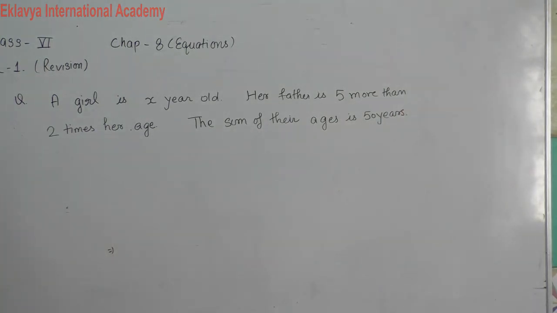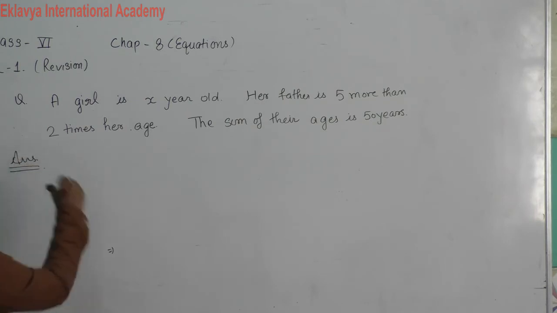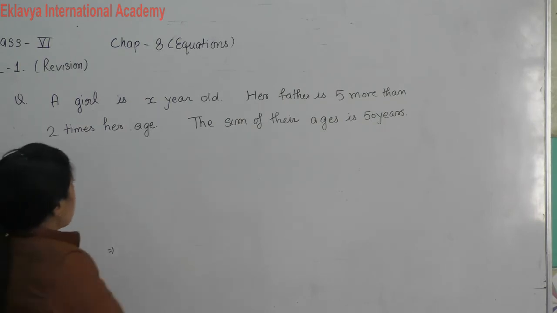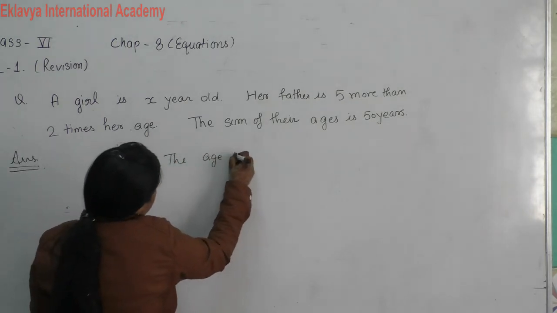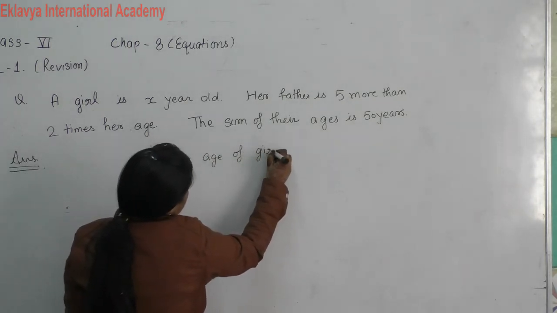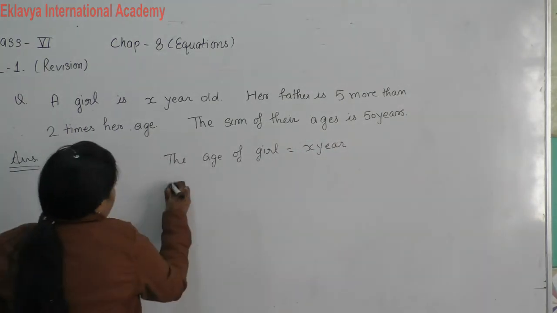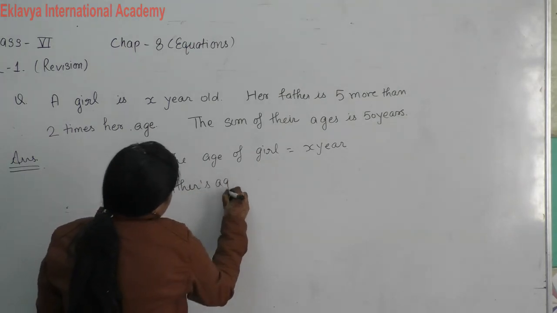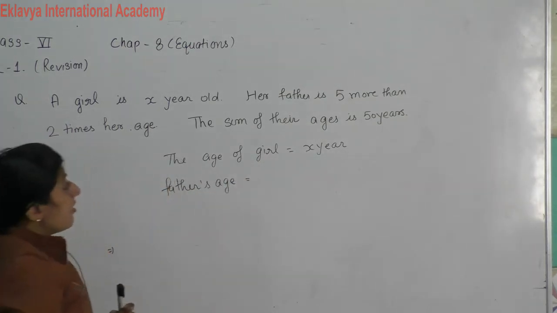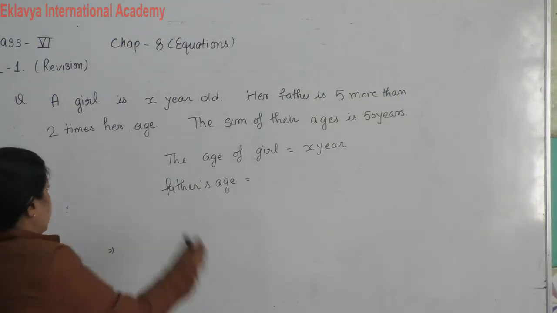A girl is x years old. We want to make the equation for it. Then the age of the girl is equal to x years. Father's age is equal to 5 more than 2 times her age.